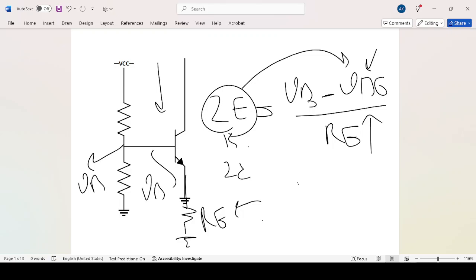There are other ways to bias it, but this is one way which is more robust. There is a problem here: to have a very robust current, RE should be huge, depending on your supply, as RE would have an effect on the DC of the circuit.